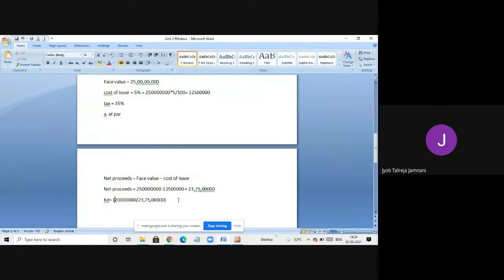Tax rate they have told you is 35%. So 1 minus 0.35, into 100. The cost of debt is equal to 8.42%, ma'am. Okay, 1 second, I'll see.